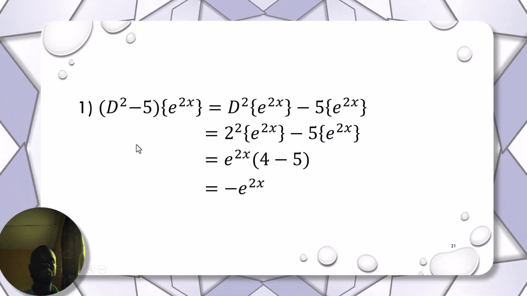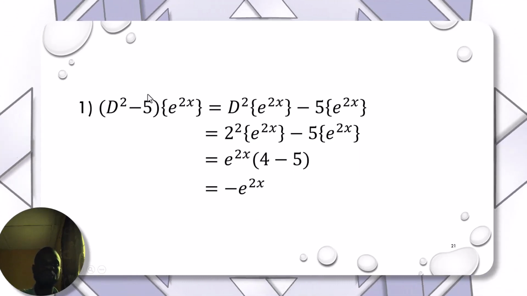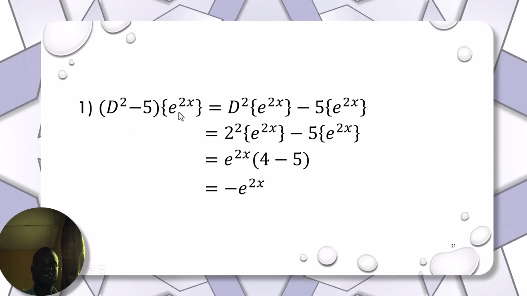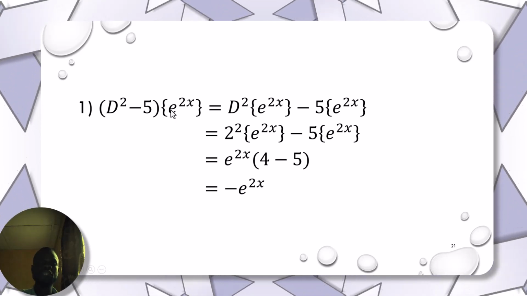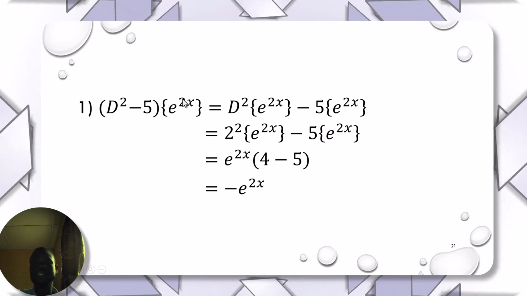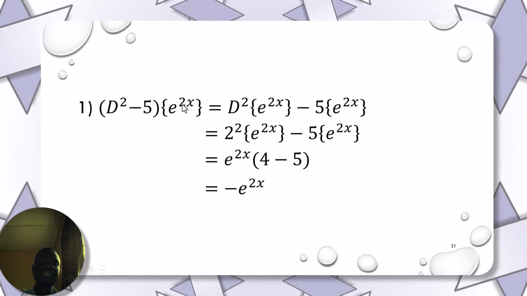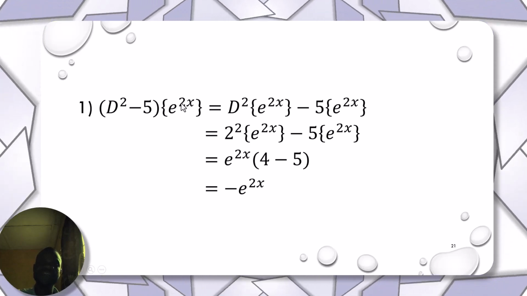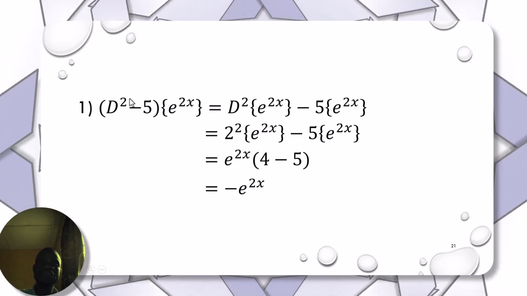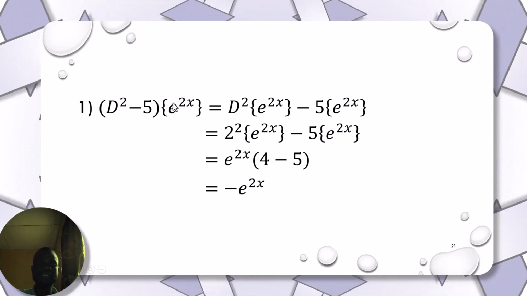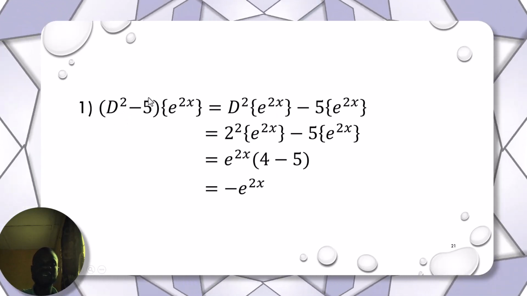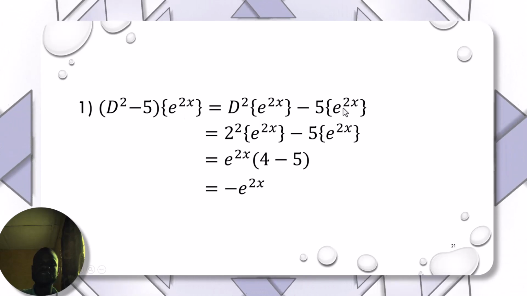So I have another question here. I have D squared minus 5, multiplying a function e to the power of 2x. Looking at this, the 5 is a constant. So the first thing is I open the bracket, this multiplies this, so I have this, and then this multiplies this, which gives me this.